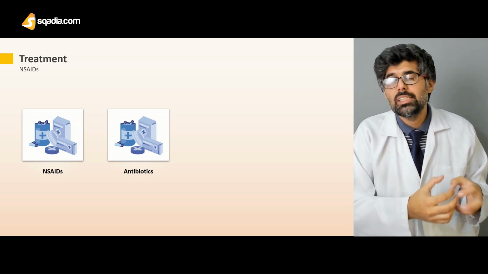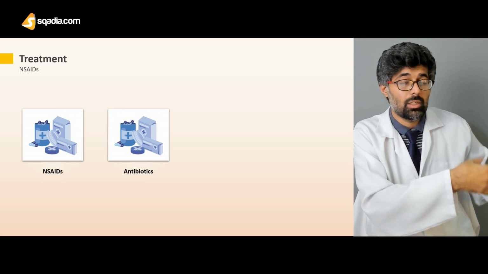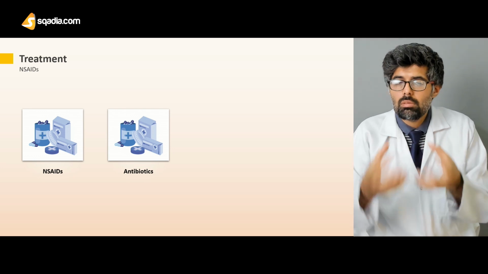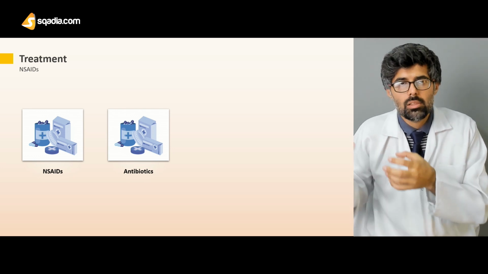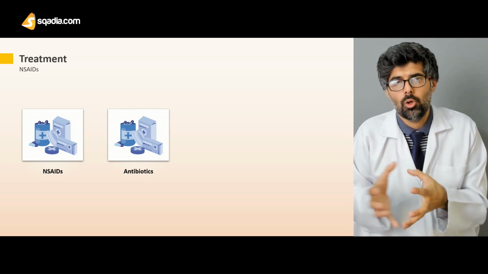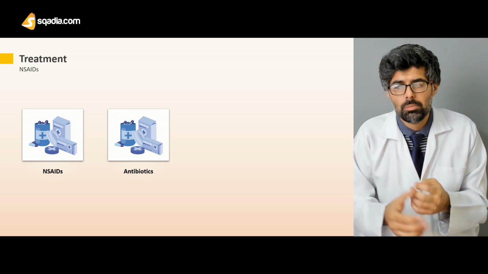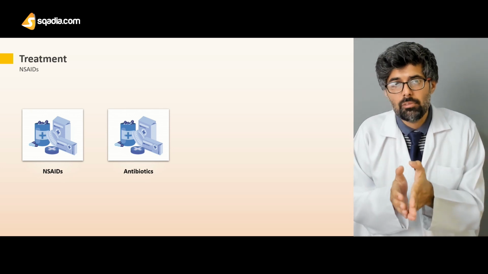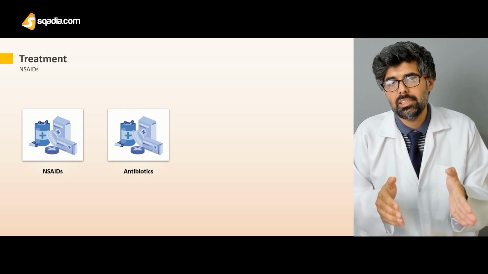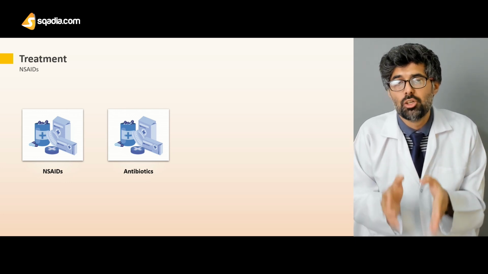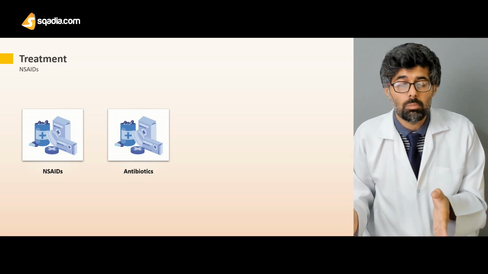Because of the antecedent nature of the preceding bacterial infection, a prompt antibiotic course might have some prophylactic effect on the patient. But because the infection is always antecedent, that it has happened before, it will not have a much greater effect on the outcome of the disease.